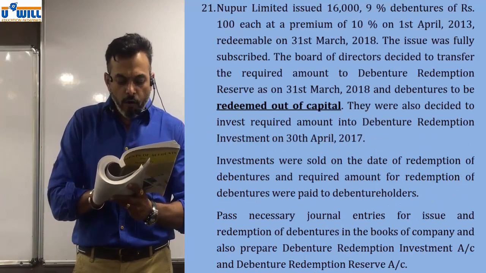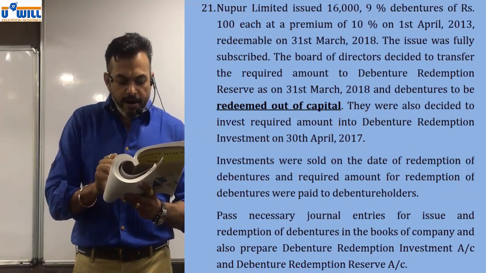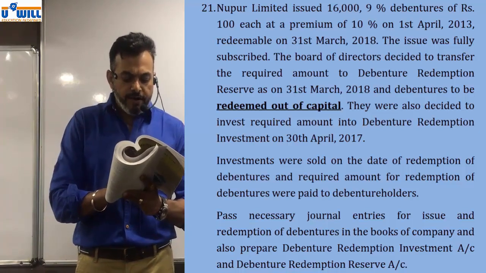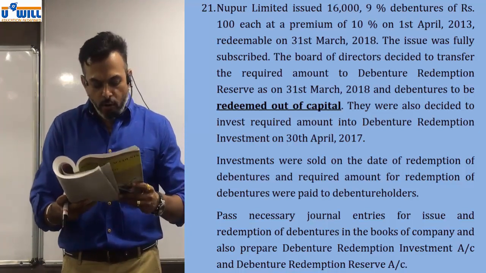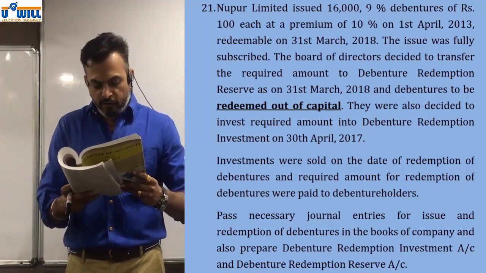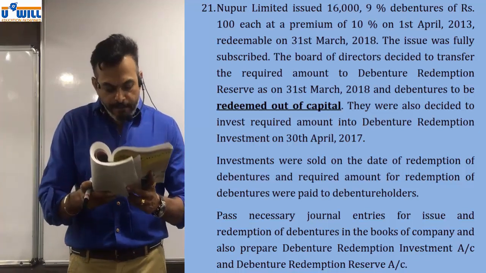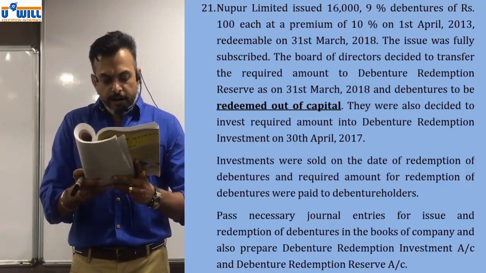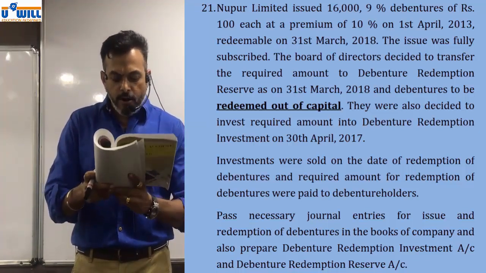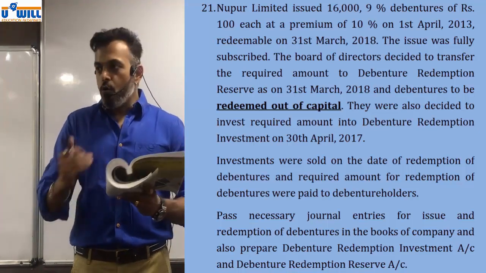Investments are sold on the date of redemption of debentures and required amount for redemption of debentures were paid to debenture holders. Pass necessary journal entries for issue and redemption of debentures in the books of the company. Also prepare debenture redemption investment account and debenture redemption reserve account. So we have to do all.